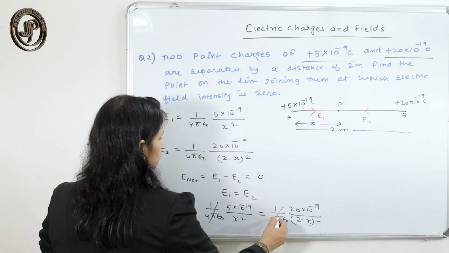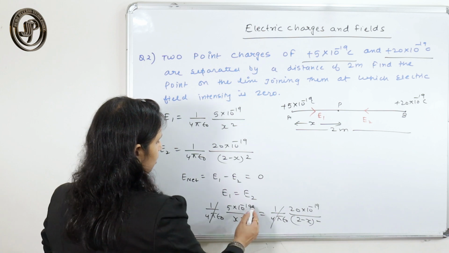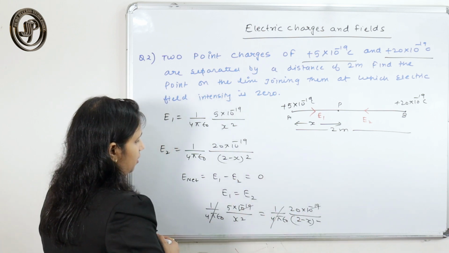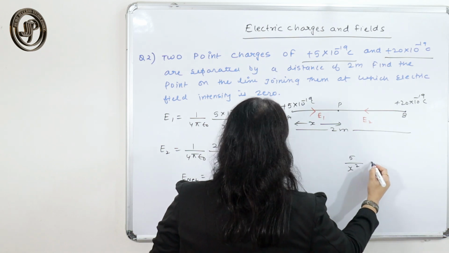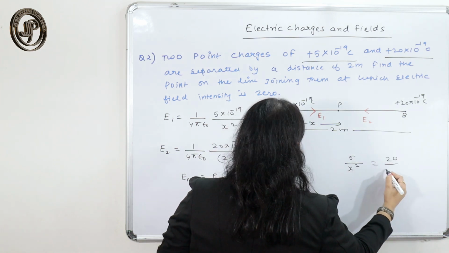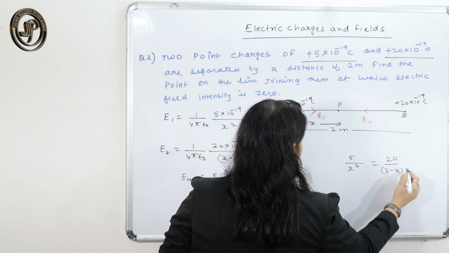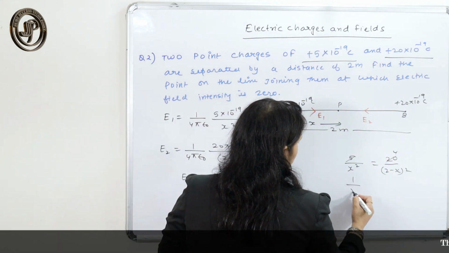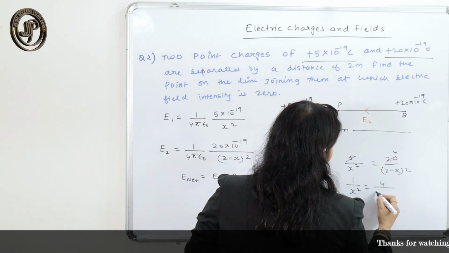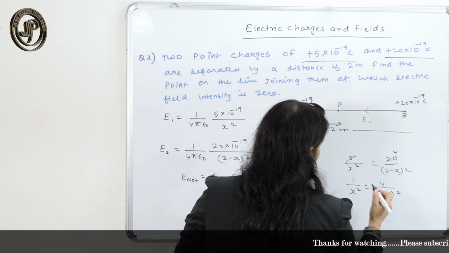Now, how can you solve this? This and this will cancel out. 10 raised to power minus 19 also cancels. So, what we get here? 5 by x square equals 20 by (2 minus x) whole square. So, this also we can cancel out. So, 1 by x square is equals to 4 upon (2 minus x) the whole square.